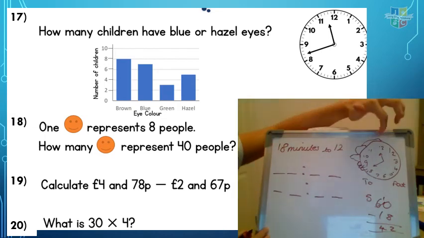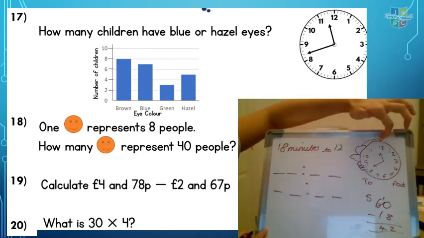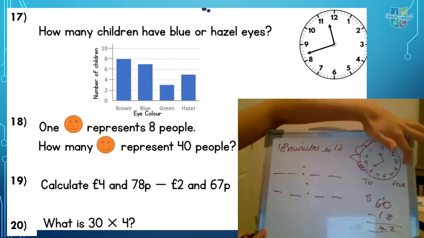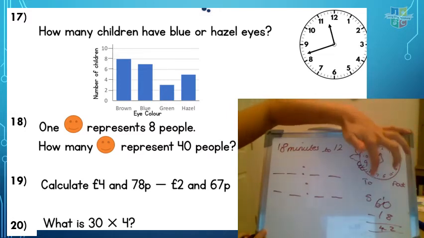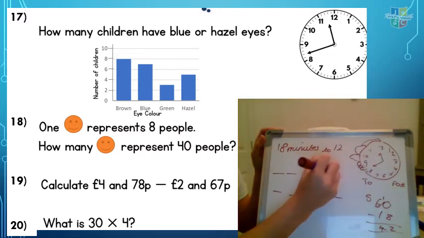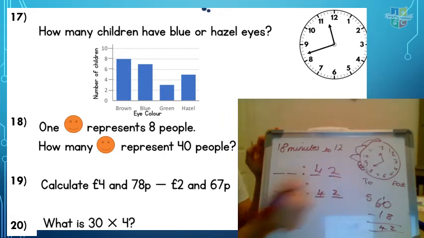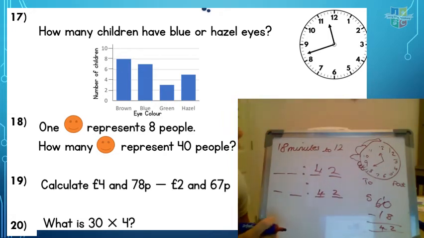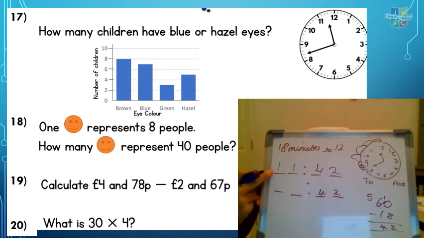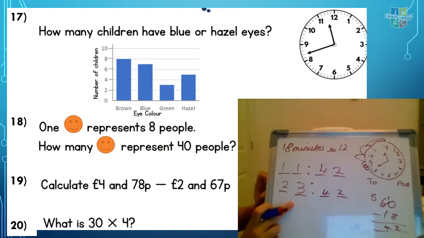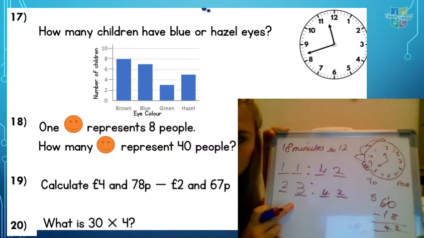So I know that the minute hand has actually gone 5, 10, 15, 20, 25, 30, 35, 40, 41, 42 minutes past the hour, and the hour that it has gone past is 11, because it's not gone past the 12 yet. So to turn it into 24 hours in the afternoon, if I add 12 to 11, I would get 23:42, which is the same as 18 minutes to 12.